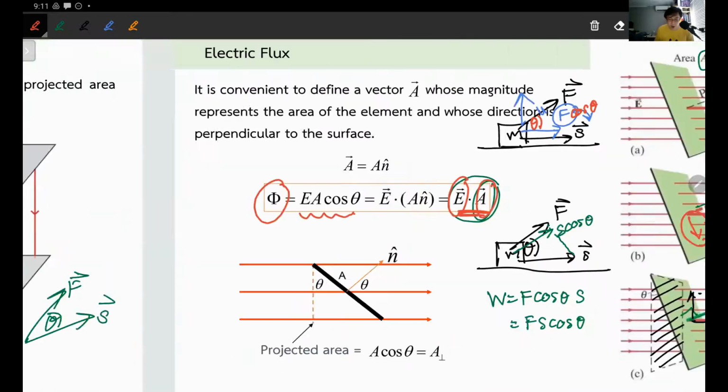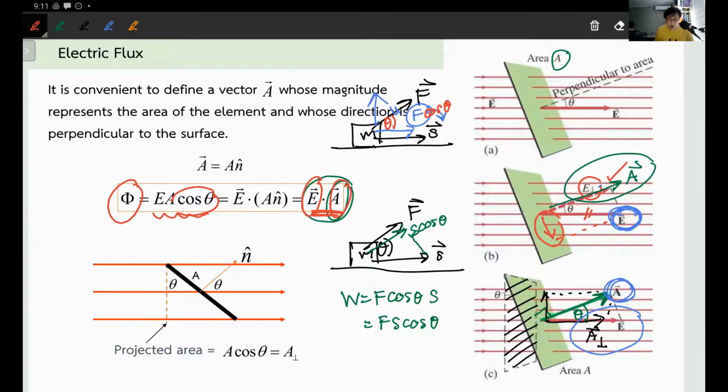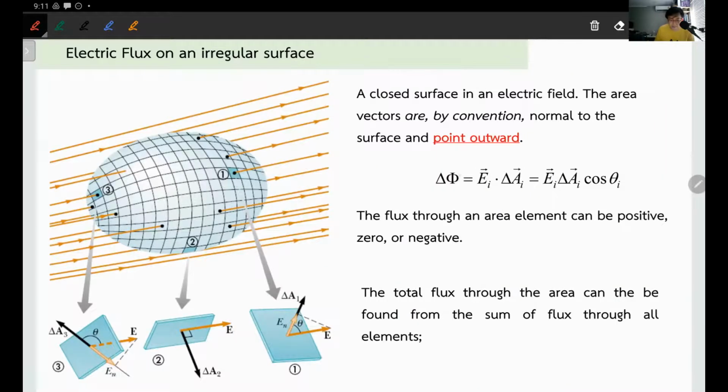Because it's cosine theta, the angle between E and A can be less than 90, greater than 90, or exactly 90 degrees. That's why the flux can be positive, zero, or negative. What does it mean to have positive flux, and what does it mean to have negative flux? Zero flux is easy, because it means there's nothing going through the surface.